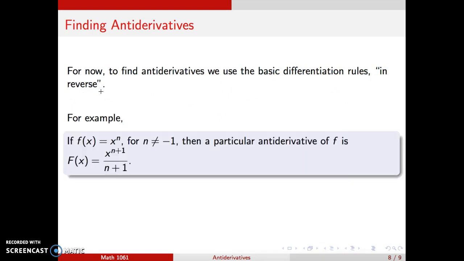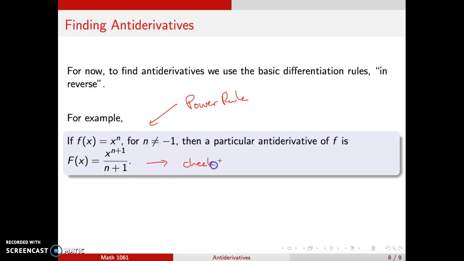Very basic tools for getting started. For example, this would be the power rule. If f of x was x to the n for n not -1, then a particular antiderivative capital F of x is x to the n plus 1 over n plus 1.